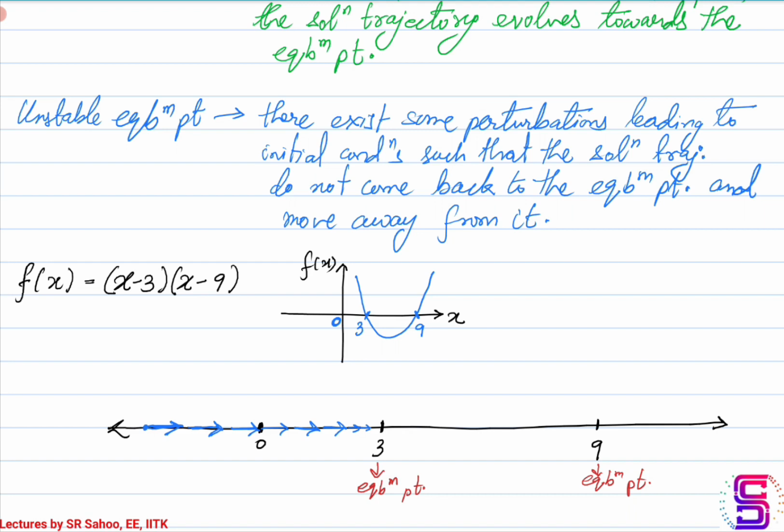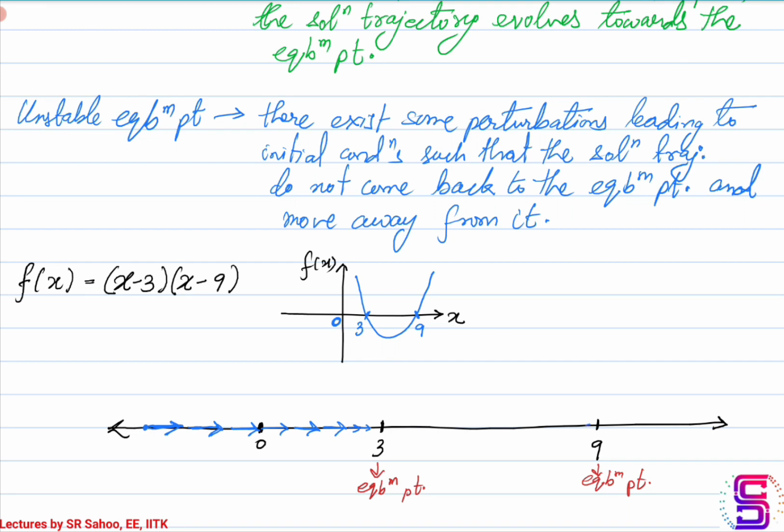Also you observe this: for points closer to either 3 or 9, the magnitude of f of x is low, but somewhere in between 3 and 9, the magnitude is highest. So if you are starting close to 9, the rate will be very low, and as it moves away from 9, the rate increases, and then as you come closer to 3, the rate further drops.